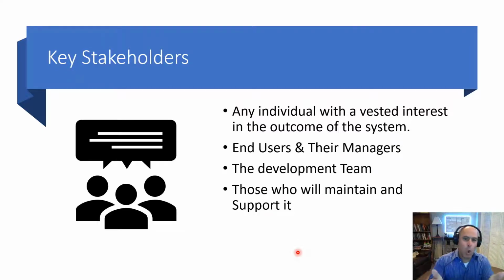As a matter of fact, there's a whole discipline called DevOps, and DevOps really is about making sure that the development team and the operations team, that is those that will maintain and support it, have a vested interest in making sure that the application succeeds. Too often, these two groups work independently of each other and develop factions and have the it's not my kind of problem.